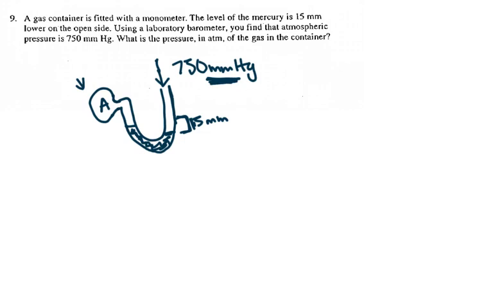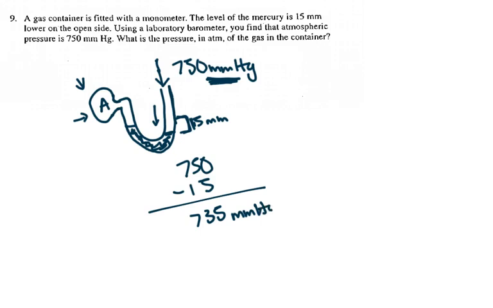So if this is 750 and it's pushing harder, that means this is 15 millimeters weaker, if you will, which means it's 15 millimeters less than our 750. So I would take my 750, subtract my 15 and get 735 millimeters of mercury equals the pressure of the gas, because we don't know what that gas was.